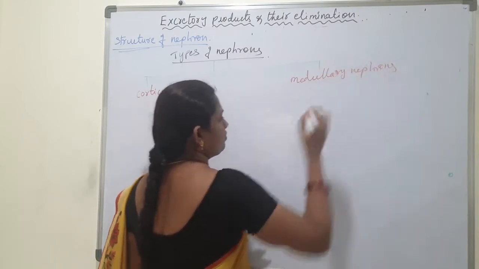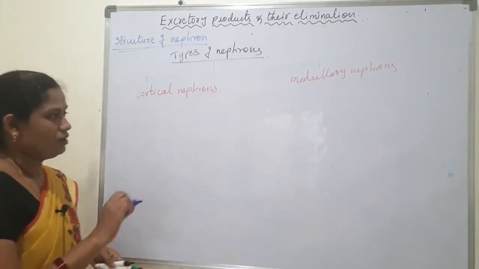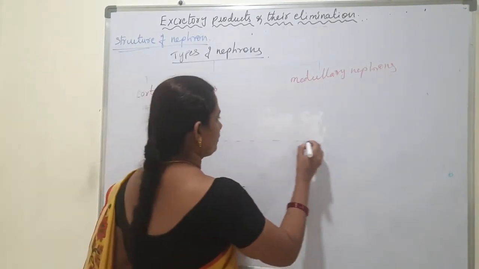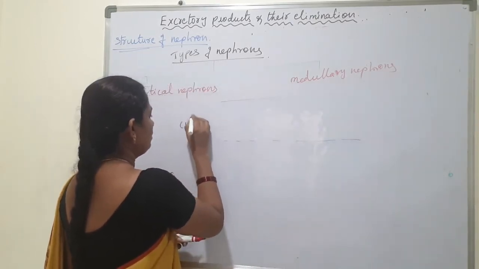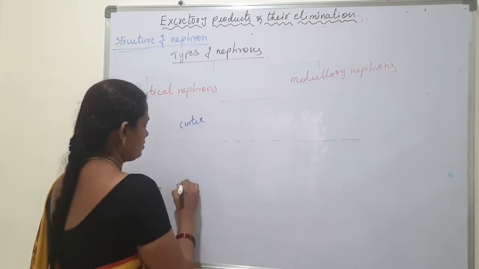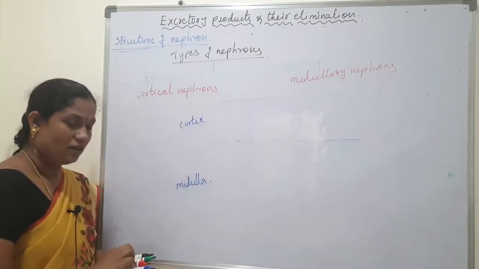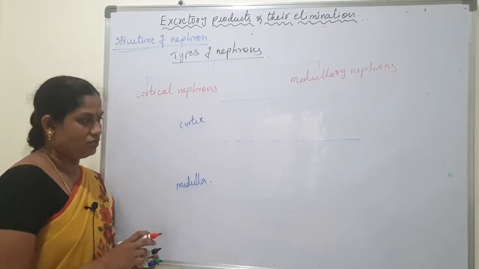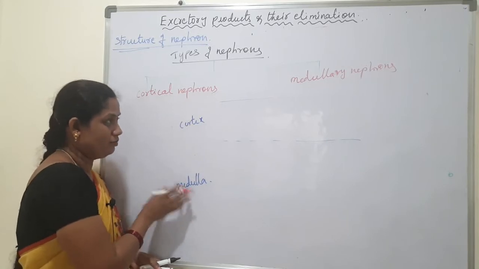For example, this is the cortex region and this is the medulla region. The kidney can be divided into two regions: the outer region is called the cortex, and the inner region is called the medulla.